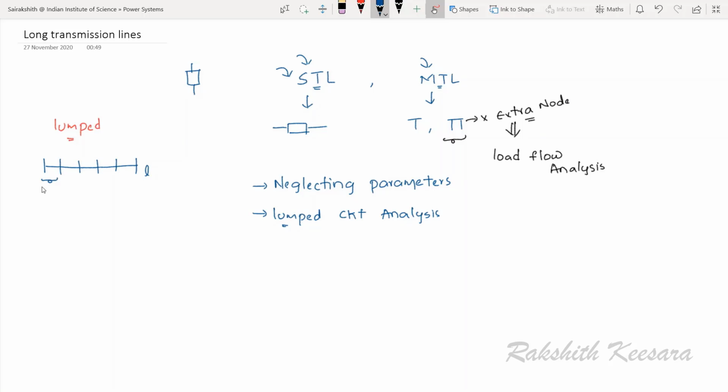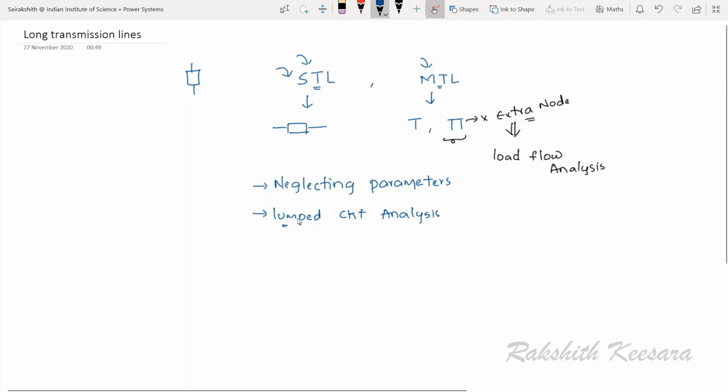If you observe, each unit will have its own resistance, inductance, conductance and capacitance. But if we combine all these units into a single unit, and analyze the transmission line by doing this, then it is called lumped circuit analysis.